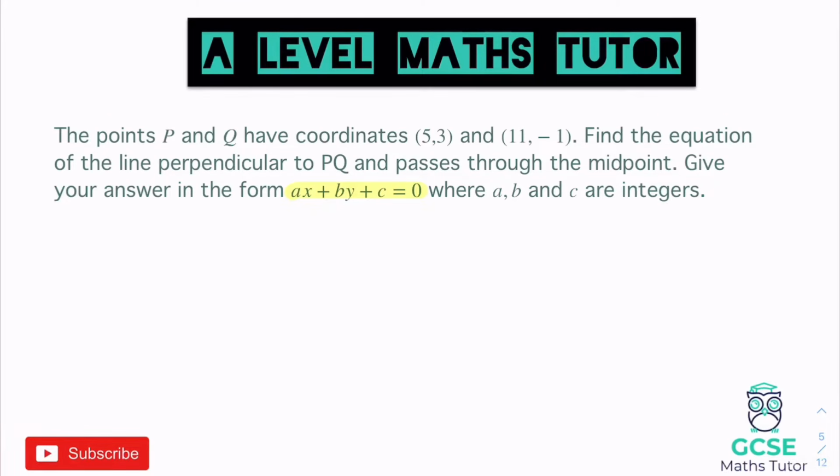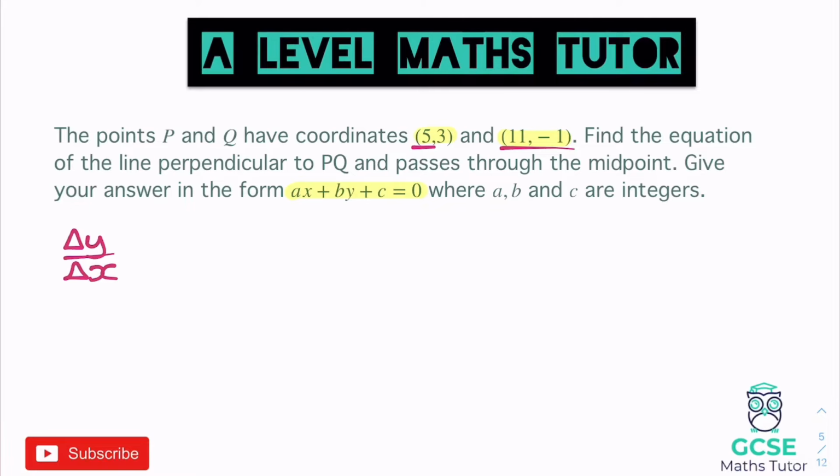Now, for starters, we've got to find the equation of a line perpendicular to one that passes through these 2 points. So if it's perpendicular, it's obviously going to have a gradient that's a negative reciprocal for its gradient. So in order to find that, we're going to have to find the gradient between these 2 points, between P and Q. So if we actually go about doing that, we just need to do our change in y over change in x, and that's going to allow us to find the gradient.